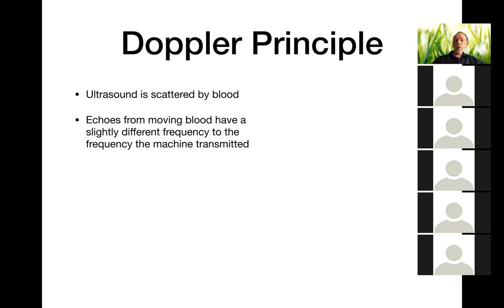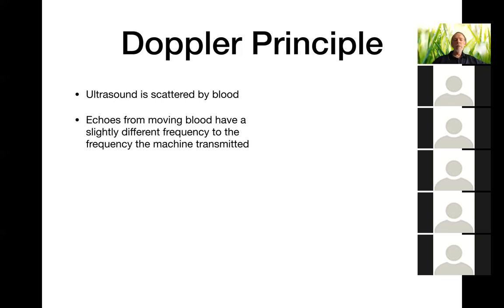The reason that the word Doppler comes in here is because of a phenomenon, and that is that the echoes from blood that is moving, when we look at them really closely, will have a slightly different frequency than the frequency the machine transmitted.